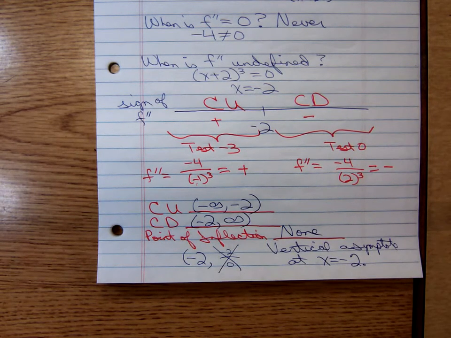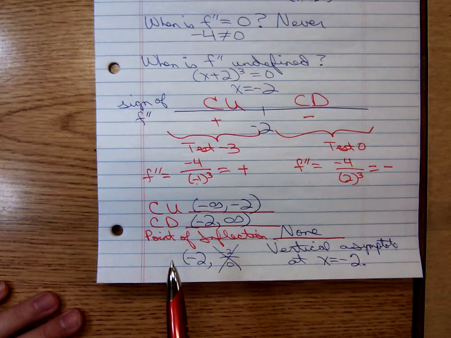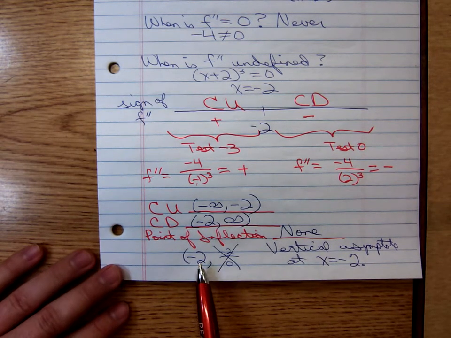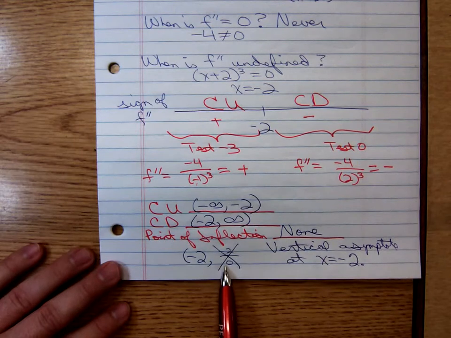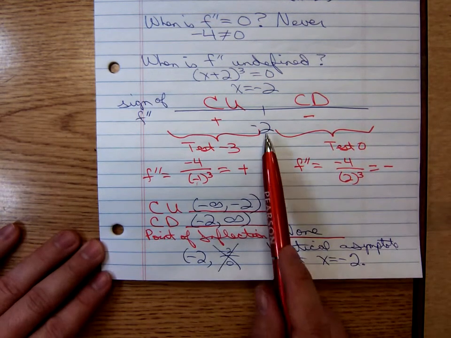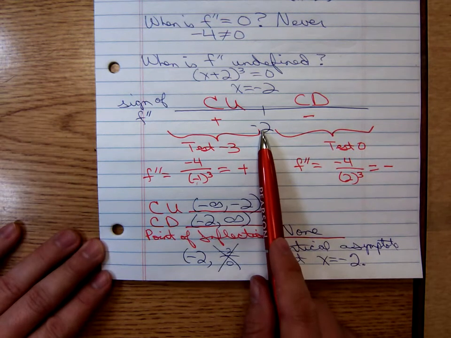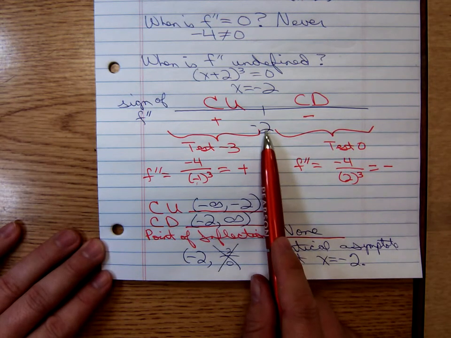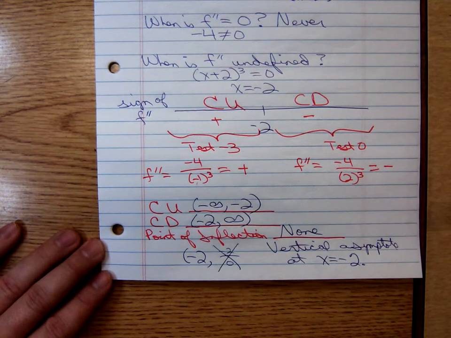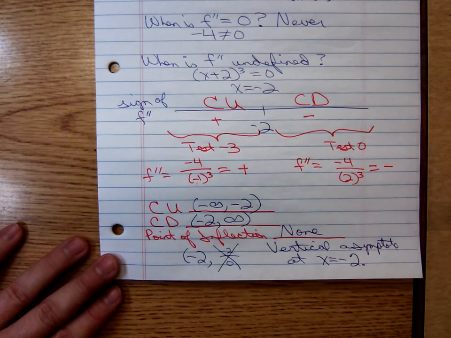The question after class on Tuesday was, why was there no point of inflection? There was no point of inflection because if you tried to plug in that number where concavity changed, we didn't get a real number back for y. We got an undefined result. Any questions?